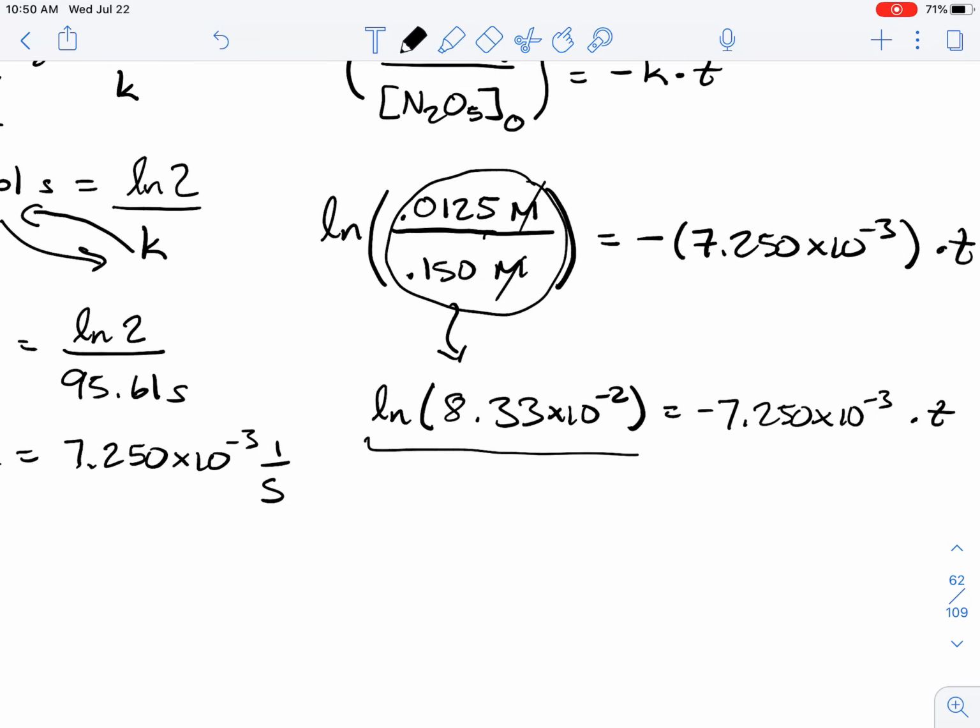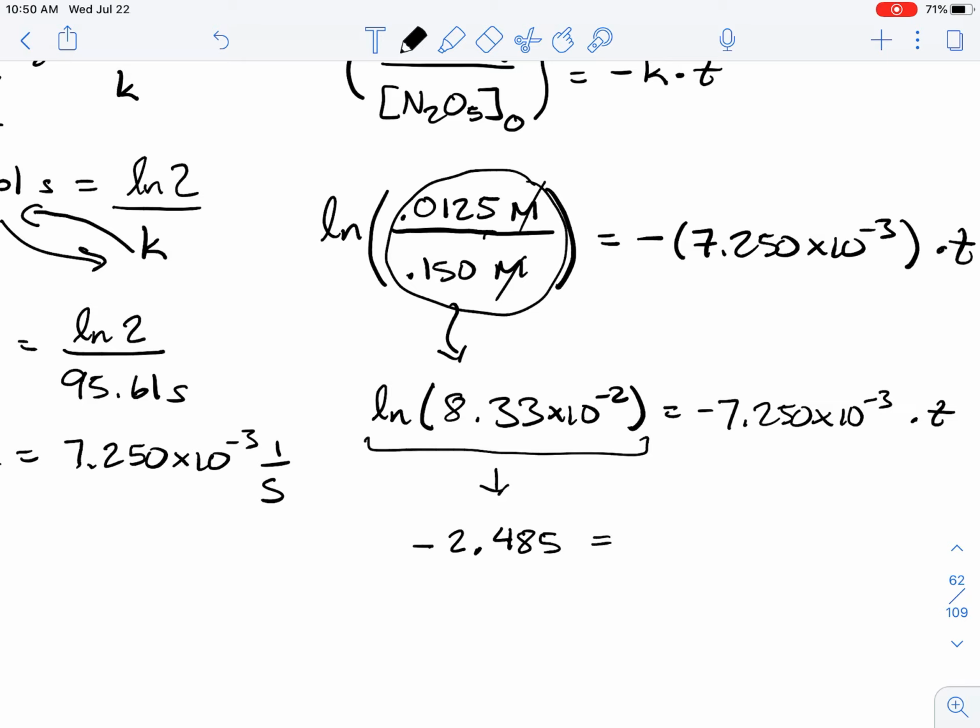And if I were to plug this into my calculator, I'm going to get negative 2.485. If you recall the rules for natural logs and sig figs, if there are 3 significant digits, then you need to record 3 places after the decimal. So this whole number 2 does not count as a significant digit.